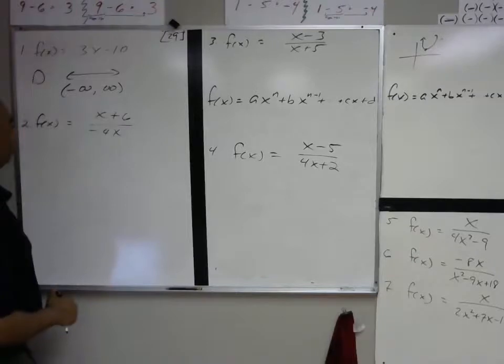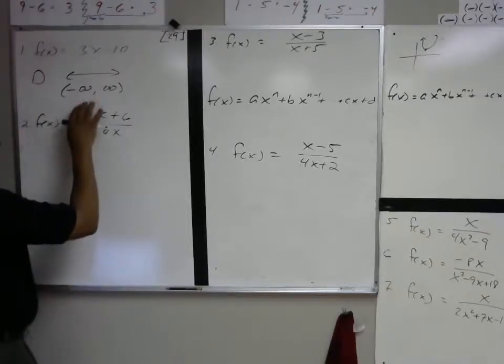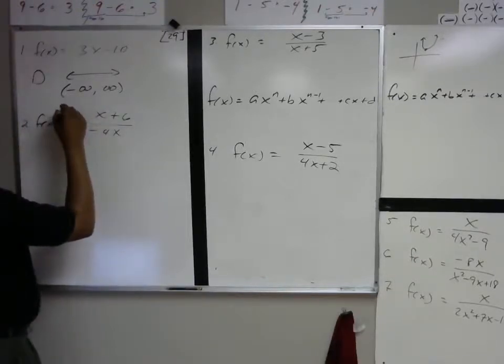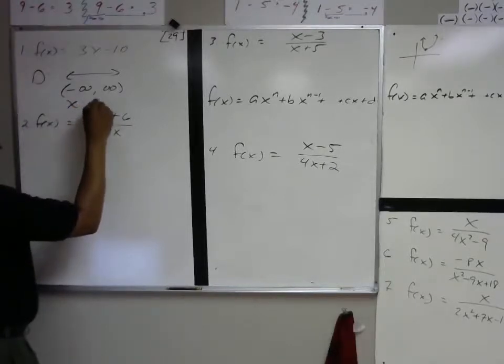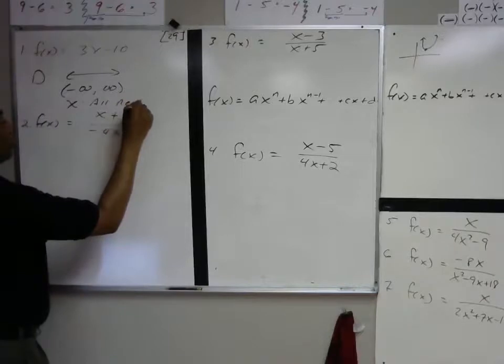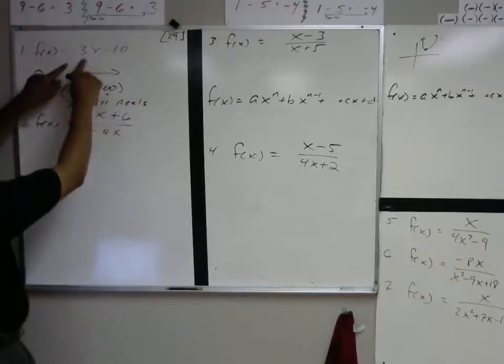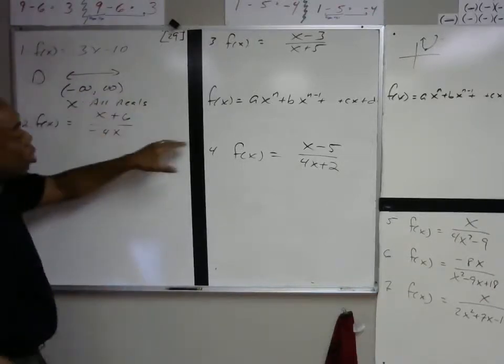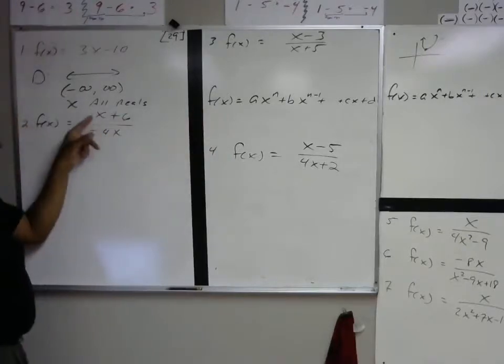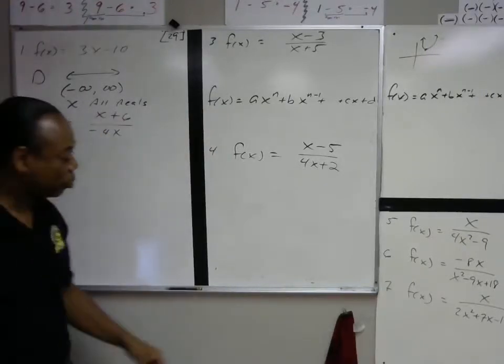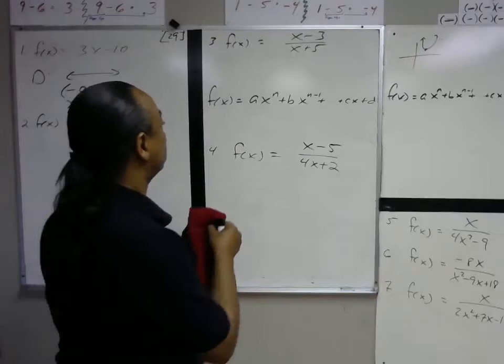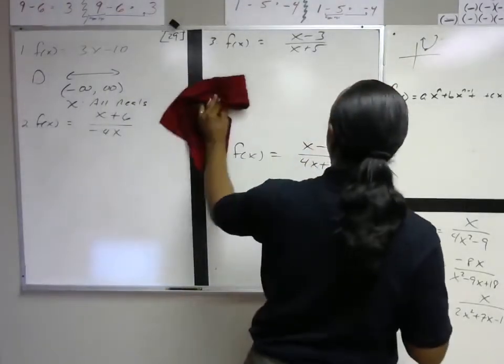We can also say x is all reals. So for anything that looks like this, that's a polynomial, you will say that the domain is all reals. Okay, let's get rid of this.